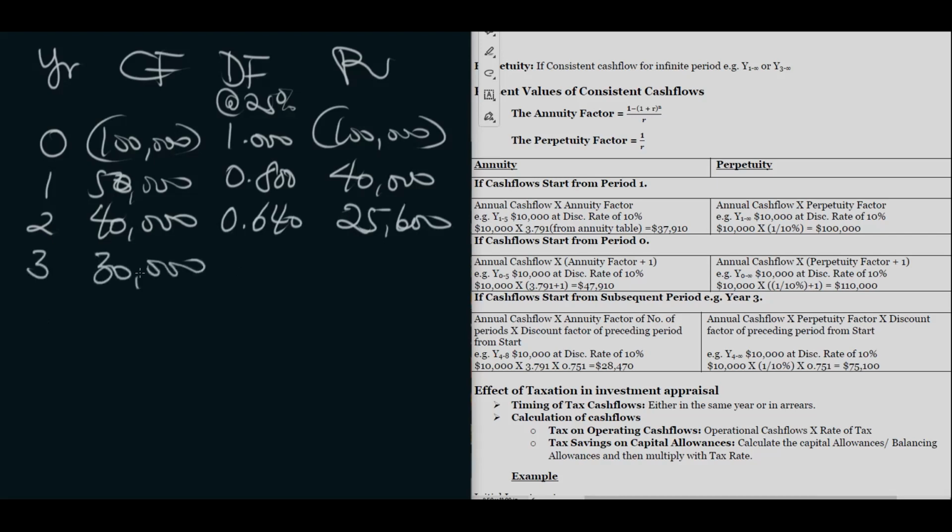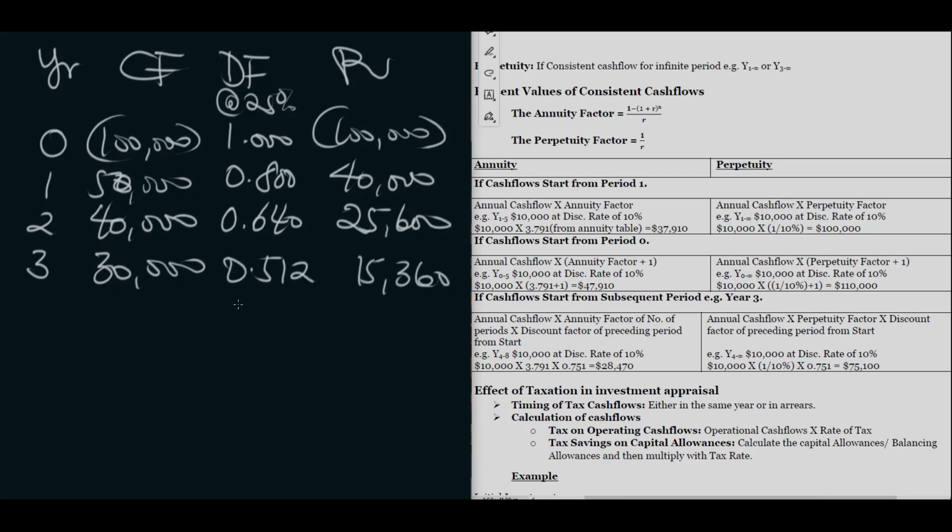30,000 by the factor 0.512 gives us 15,360.